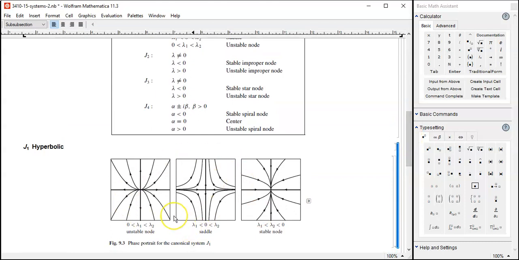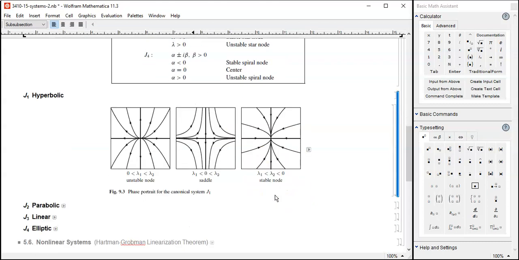And it's this kind of circumstance. Let's see. One eigenvalue is greater than 0. Both eigenvalues are greater than 0. One eigenvalue is negative, one eigenvalue is positive. Both eigenvalues are negative. What's happening here?